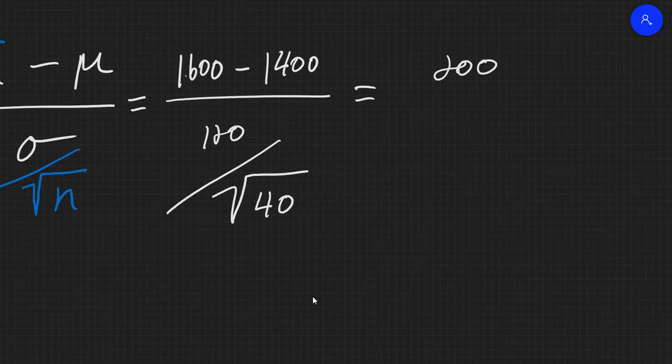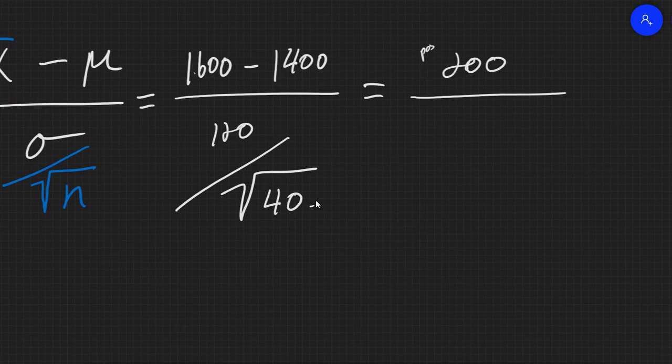Right away we know this is positive, so we're dealing with the right-hand side of mu. It's positive 200. That's great. And in the denominator, the square root of 40 is equal to 6.32, and 120 divided by 6.32 is equal to 18.98. If you say 19, it's probably an appropriate approximation.